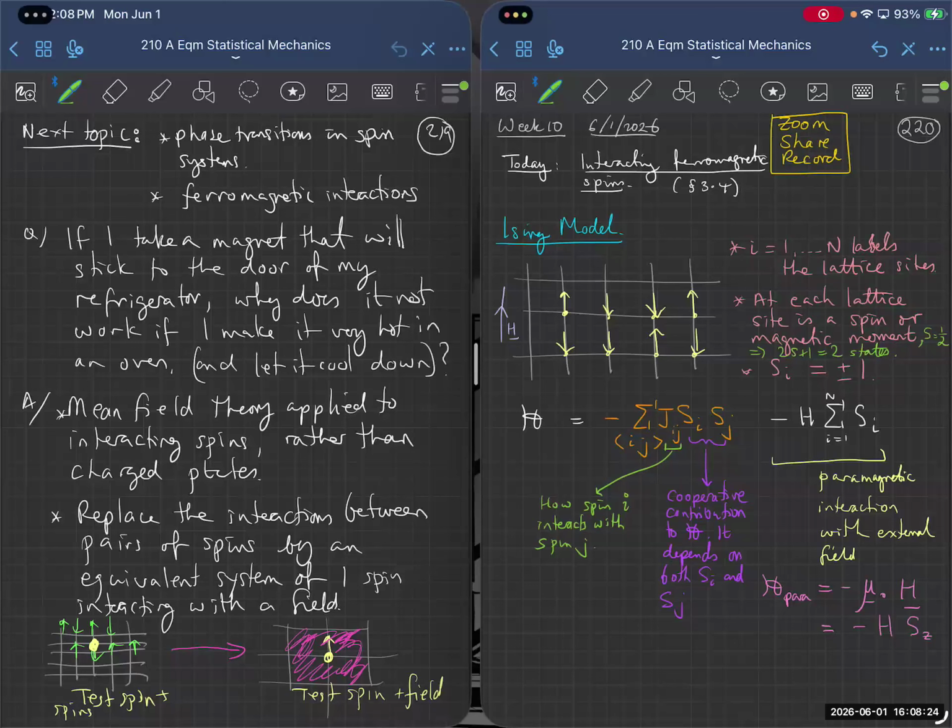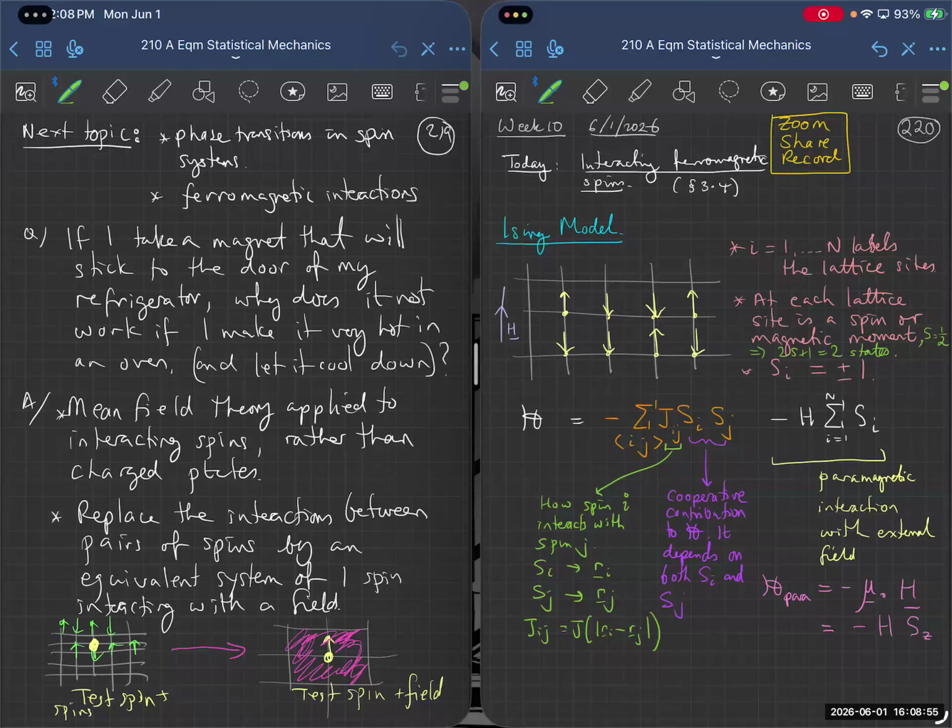They may be some arbitrary distance apart. Spin i might be at the lattice position R_i, spin j may be at the lattice position R_j, and therefore J_ij would be some function of the distance between the two spins. And it may fall off in some particular way.